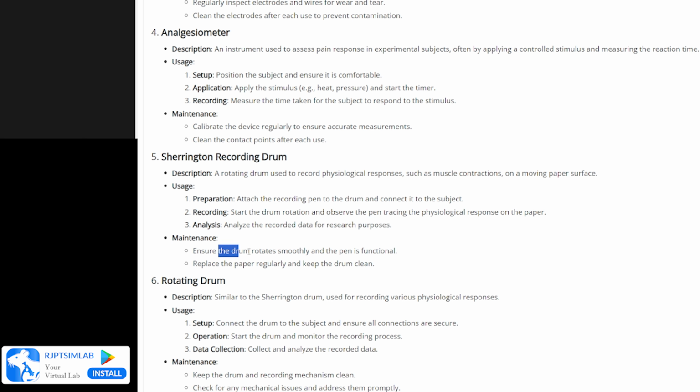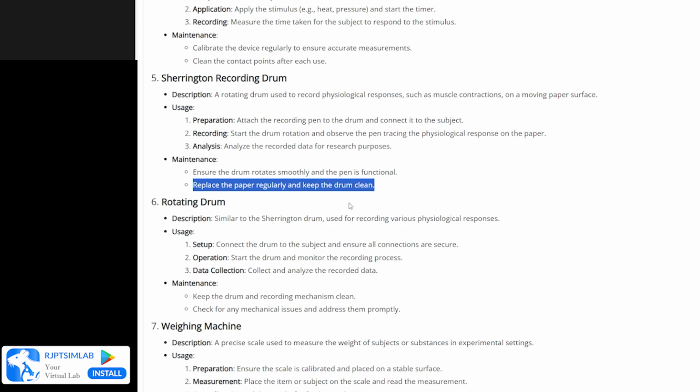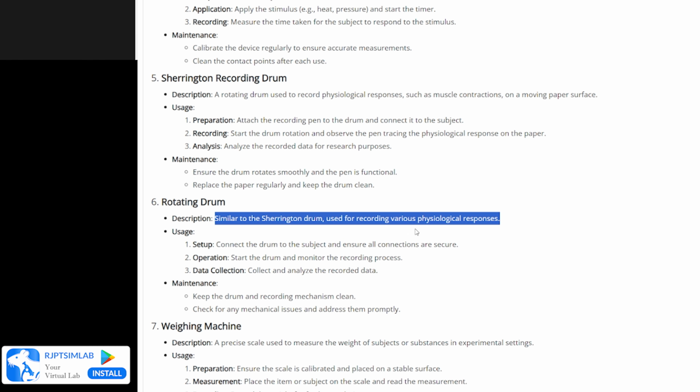For maintenance, we have to ensure the drum rotates smoothly and the pen is functional, and then we have to replace the paper regularly and keep the drum clean. Now let's see the last instrument of this video, which is the rotating drum. This is similar to the Sherrington drum and is also used for recording various physiological responses.